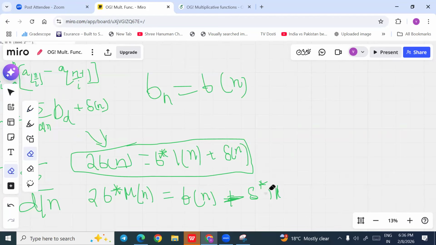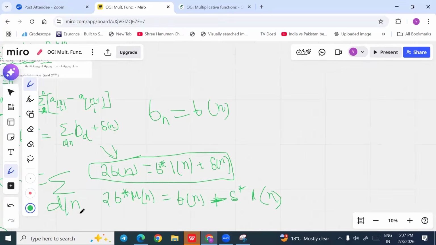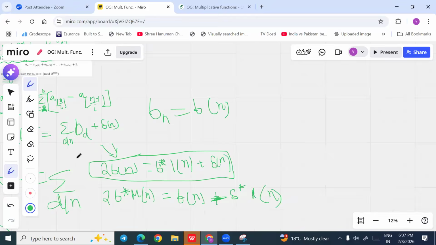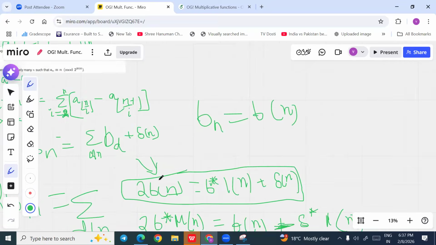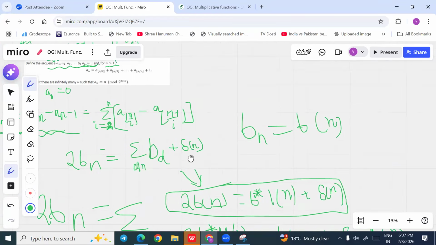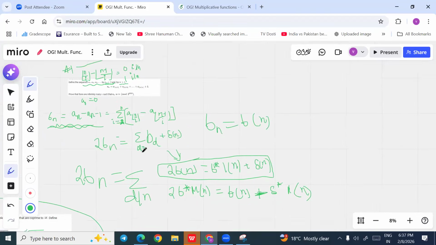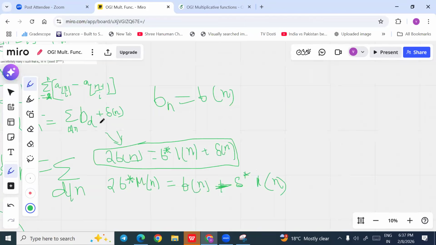What am I writing? Wait, let me check. I have not made a mistake, right? You've done delta of n instead of delta of d. Or is that intended? No, that's okay.